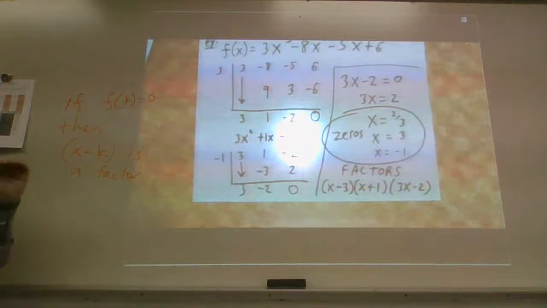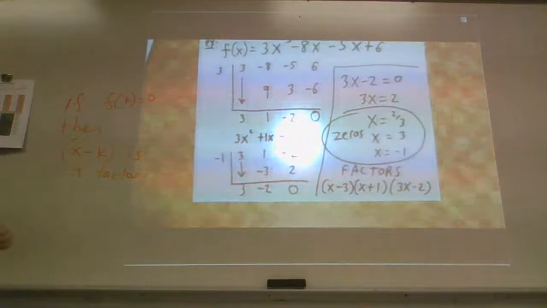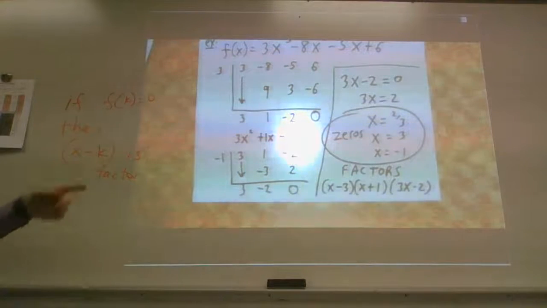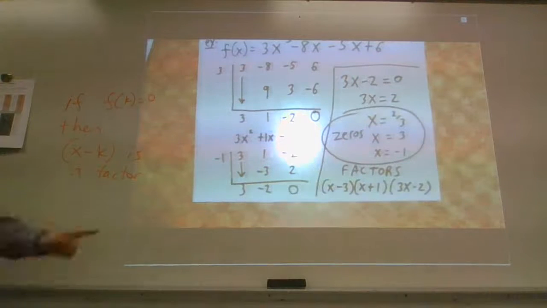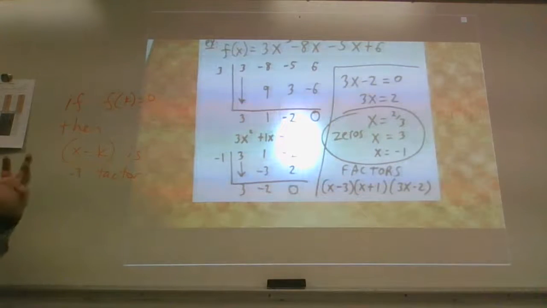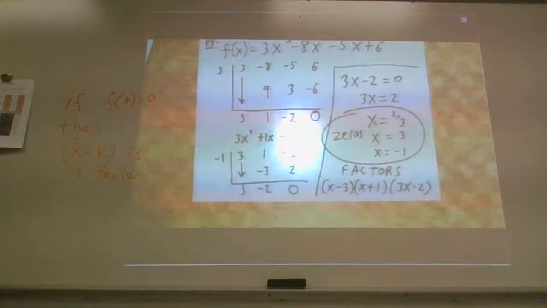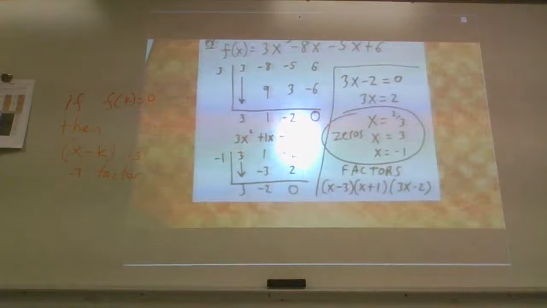If k is a 0 of the function, if f of k is 0, which we proved, 3, then x minus 3 is a factor. -1. Then x minus -1 is a factor, which is why it becomes +1. All of this stuff is interconnected. It is phenomenal.